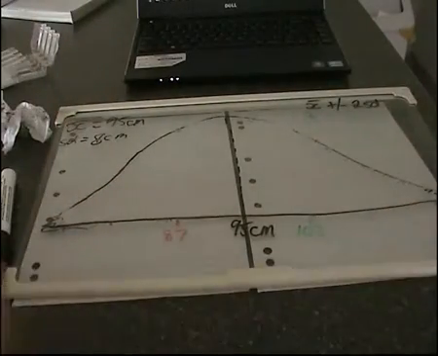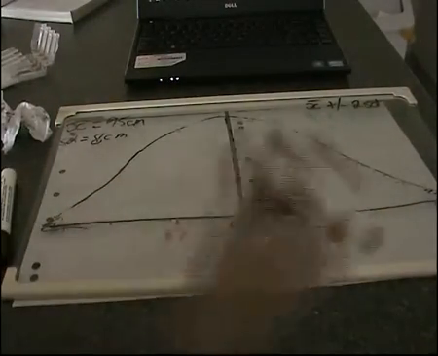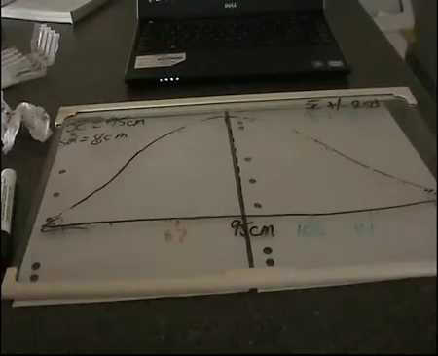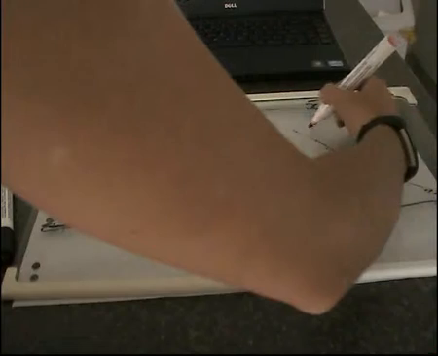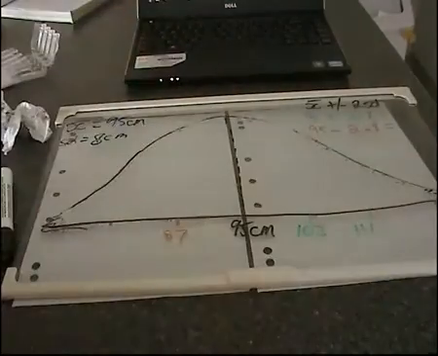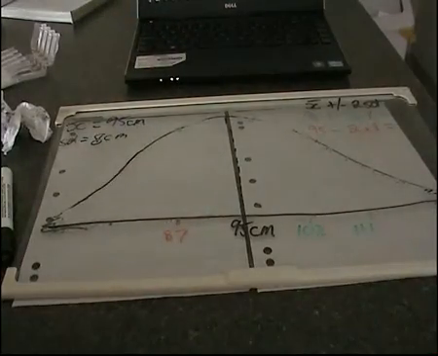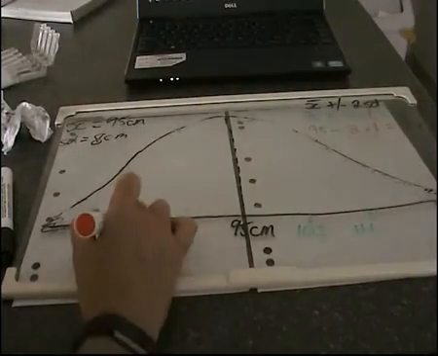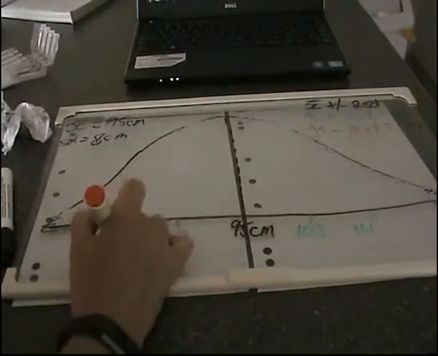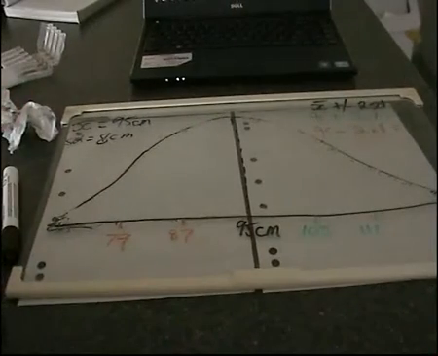So at 2 standard deviations above the mean, we have 111. Now let's do our takeaway: 95 take away 2 times 8 equals 79. So 2 standard deviations below the mean is at 79 centimetres.